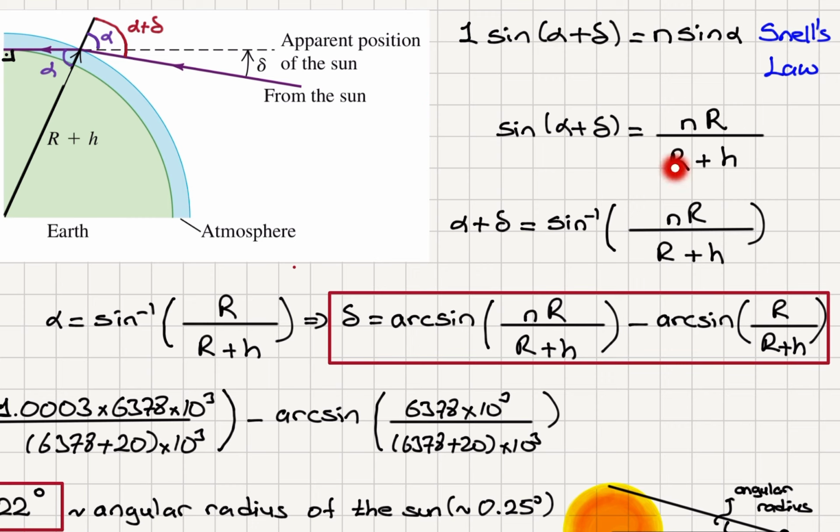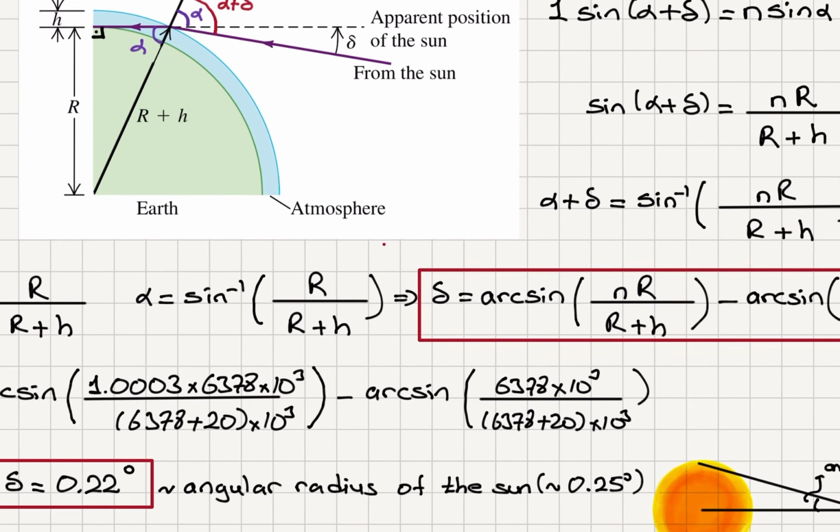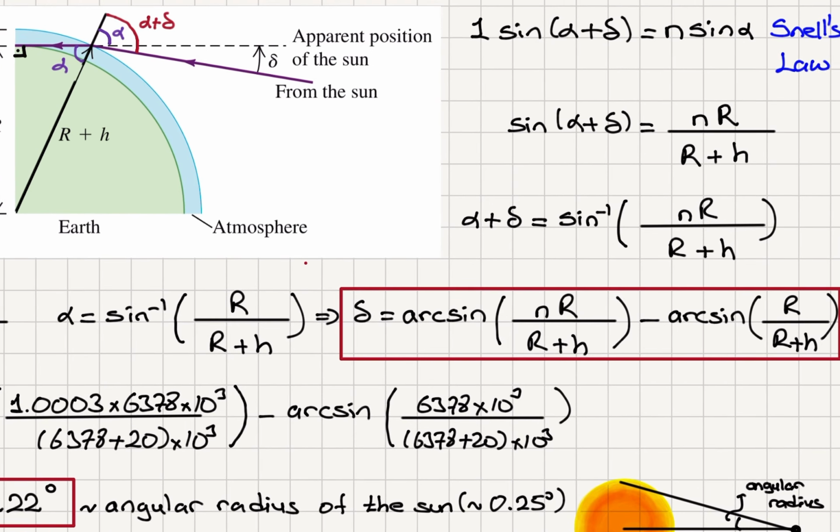So n times r over r plus h is sine of alpha plus delta, and sine alpha is r over r plus h from this right triangle. So delta can be written as sine inverse of nr over r plus h, minus alpha, which is sine inverse of r over r plus h.